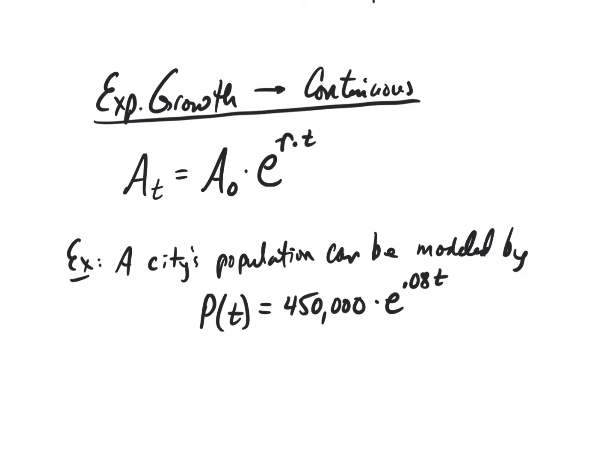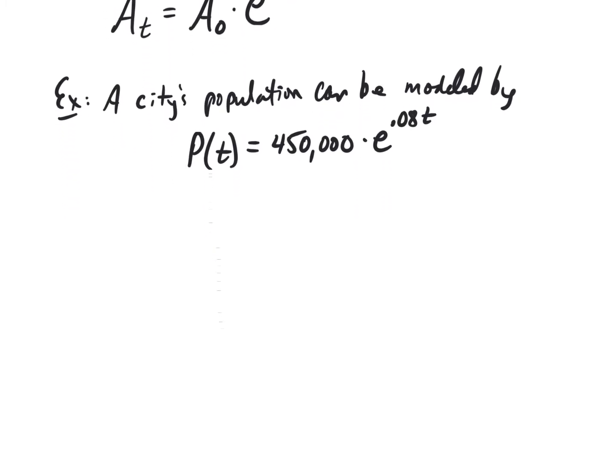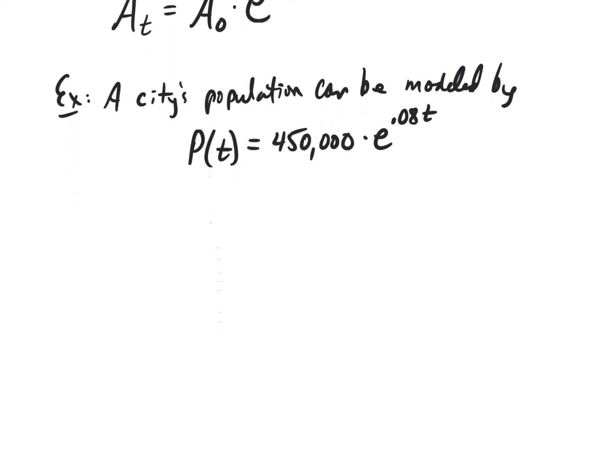And so what I could ask you then is the following. Since population is going to be increasing continuously, what's the population of this city at the initial time? So what's P of 0?